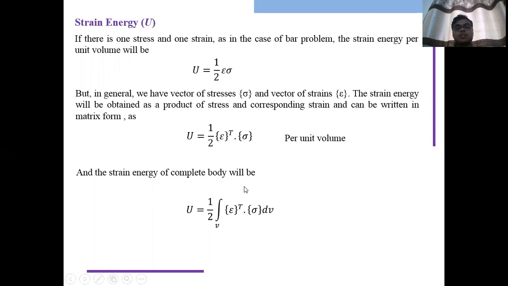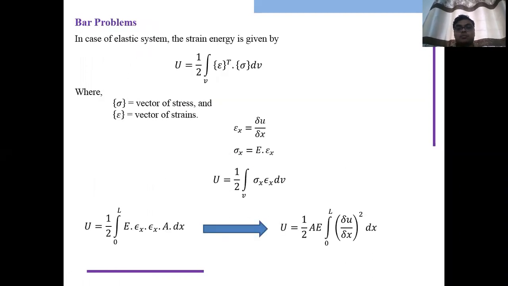This is for unit volume. For the complete element, it will be the integration of this, so this is the total strain energy of a particular body or element. We will see the example of a bar element.